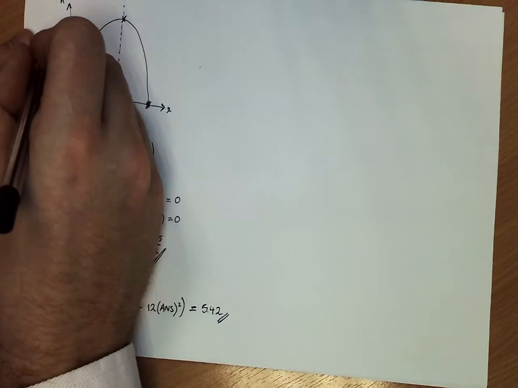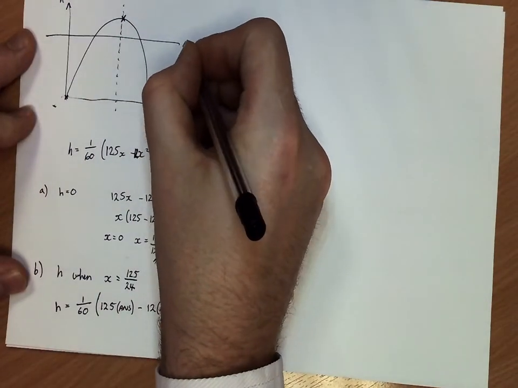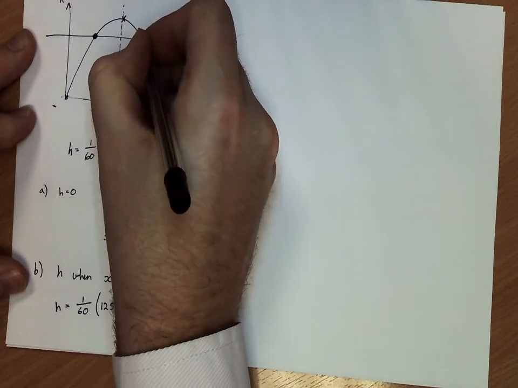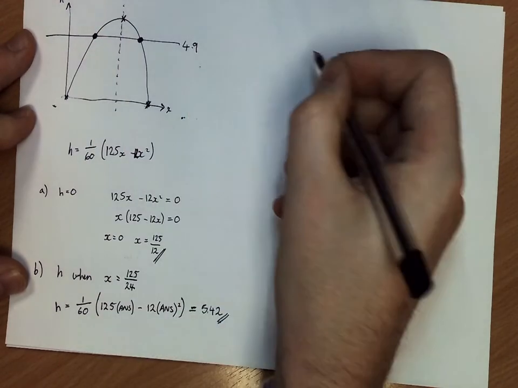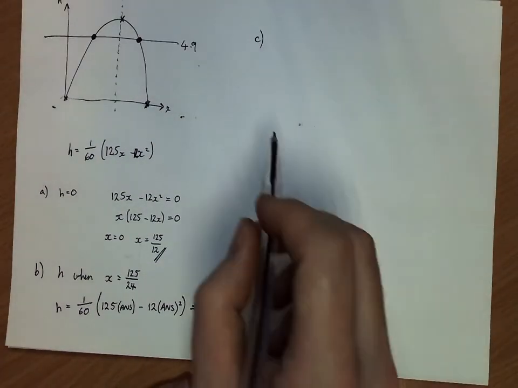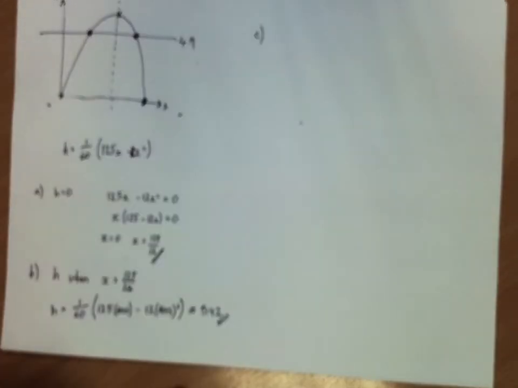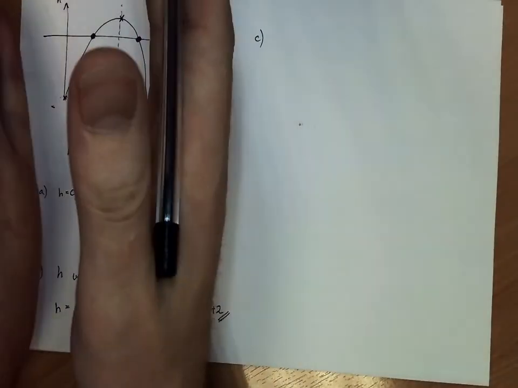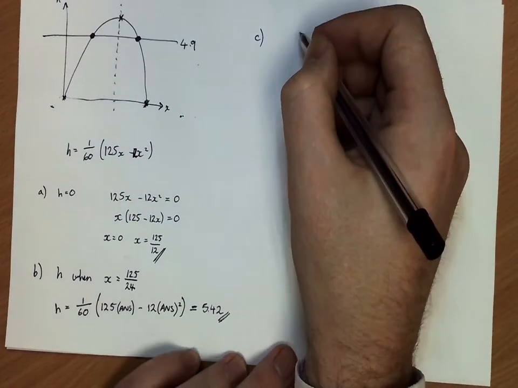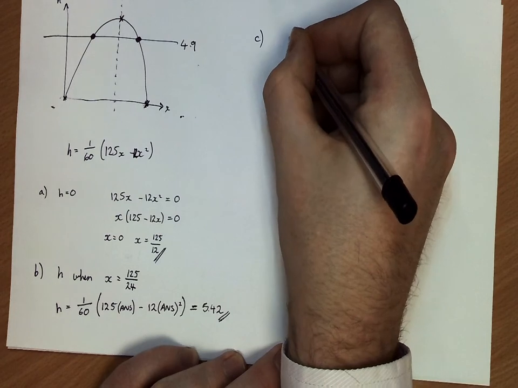So 4.9 would be here. And you can see he's first above it here, and he's last above it here. So what they're asking you to do in part C is find solution 1, solution 2, and say that he needs to be that far away from the bar in order to get over it. So what we're going to do is say h equals 4.9.